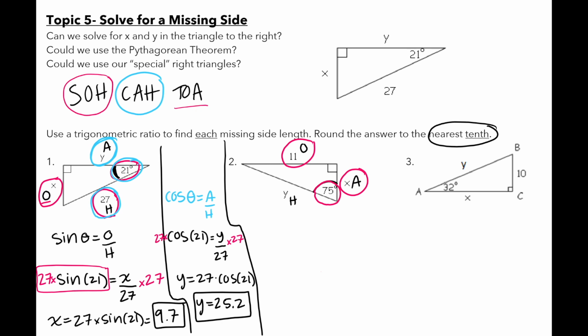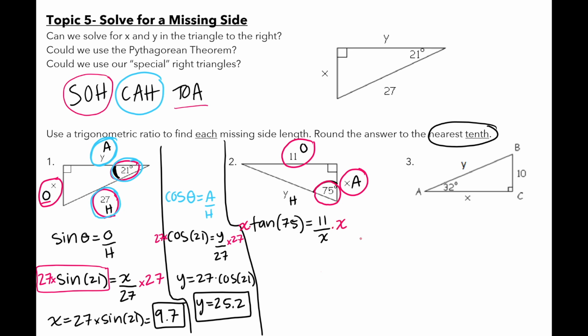So tangent of my angle, which is 75, is equal to the opposite over the adjacent side, or 11 over x. Now before, we could just multiply the number away because y, the variable, was in the top. In this case, the variable's in the bottom, and that is not helpful for us. So what we need to do is multiply by x on both sides.